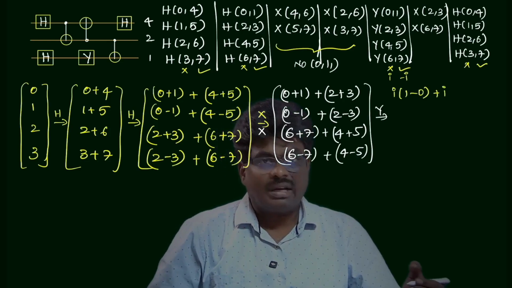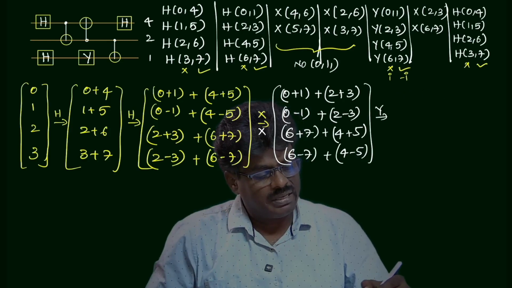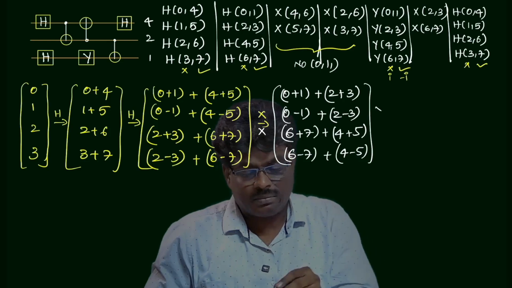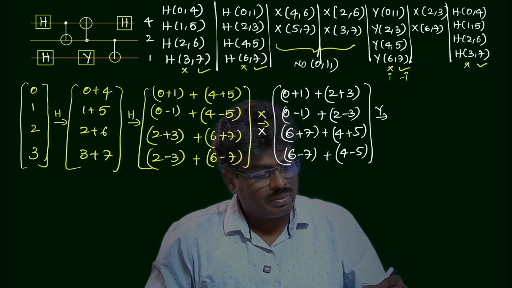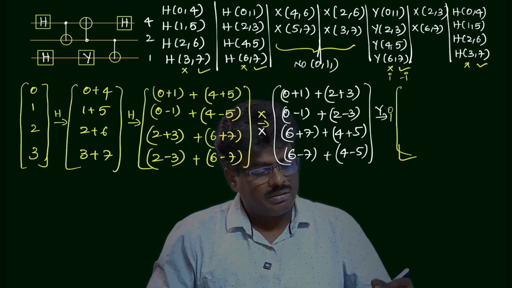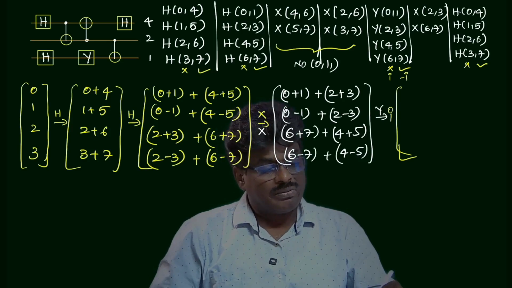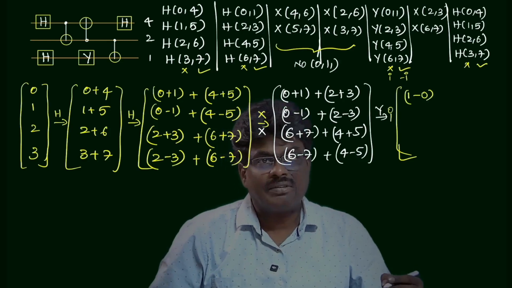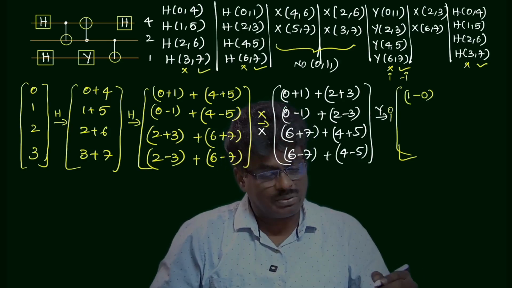I think everywhere I is there. So that's why what I'm writing is I'm writing outside I. Right. Now, so 0 flip 1 minus 0 because minus I will be there. I have written I outside.